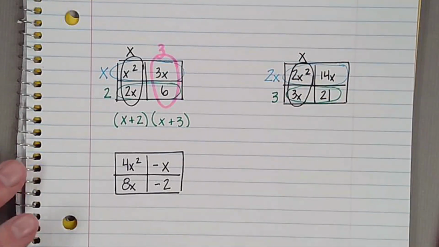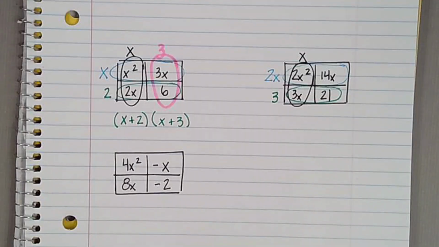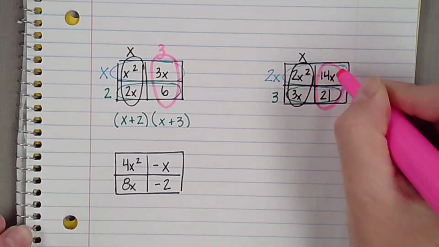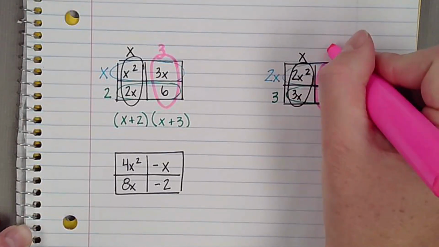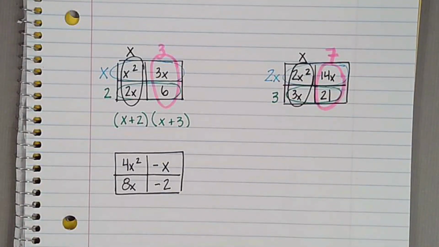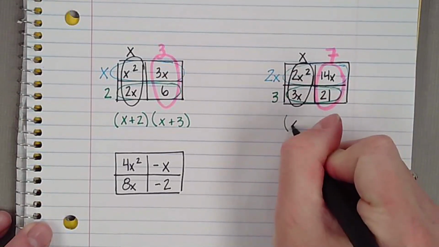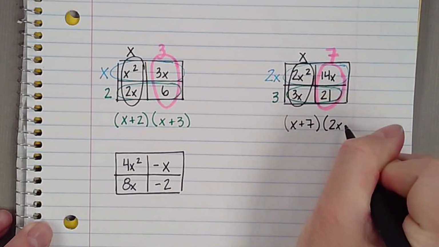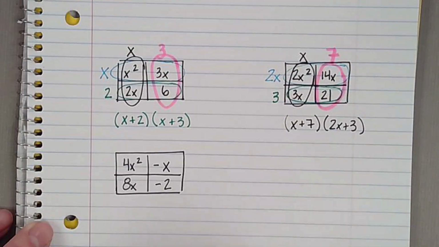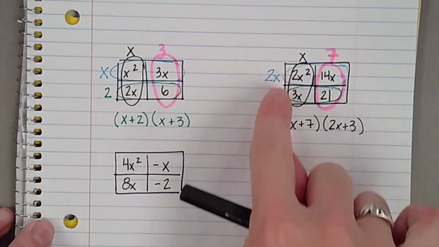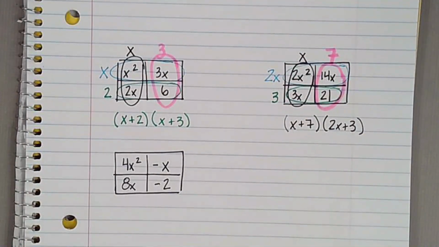I don't think they have a number. And then on this one, a 14 and a 21 have a number 7 in common. And so when I write my answer as a product, I have an x with a positive 7, and I have a 2x with a positive 3. But all this part was taking out my GCF. So there's 1, 2, 3, 4 different GCFs in this problem.